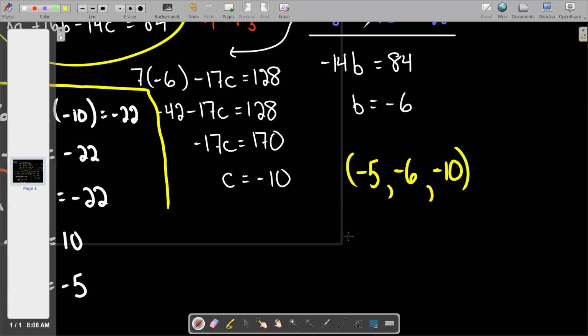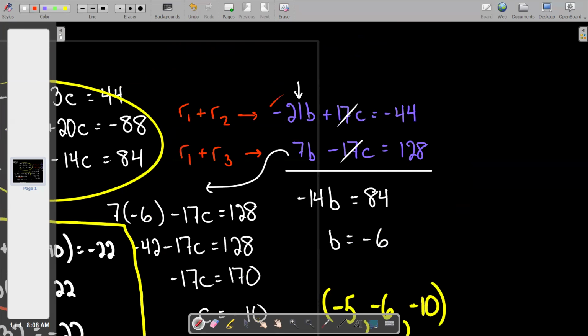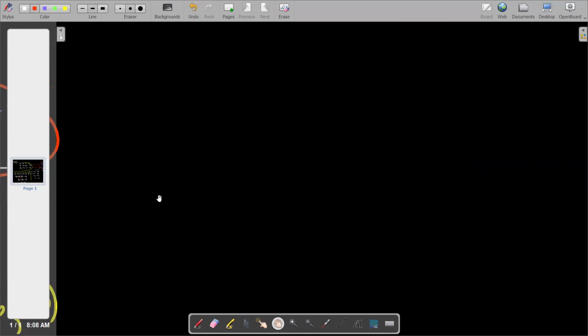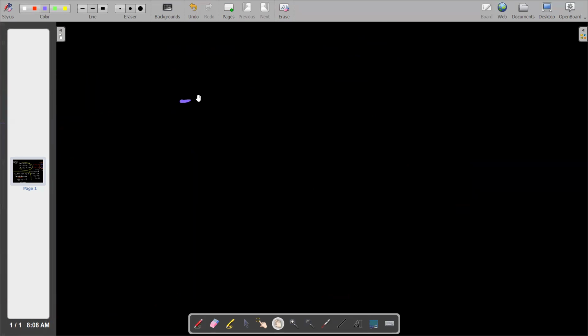Well, the only way the one on the quiz would be different, like I said, is if this system up here, and this is just hypothetical, but let's say you combined your rows together and you got a system like negative 4b plus 5c equals 10, and then 3b minus 2c equals negative 4.